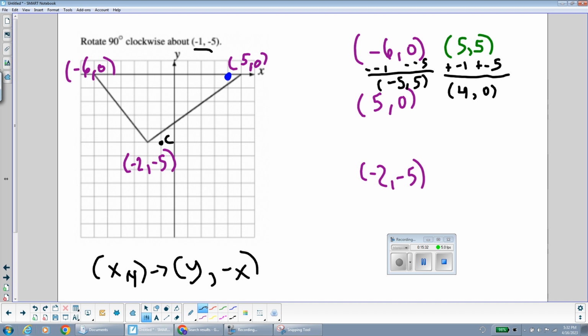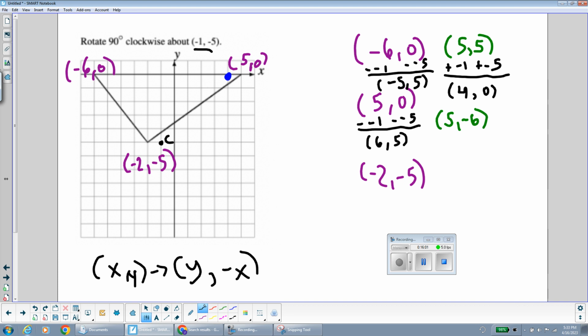Okay, for the next one, let's center it back at the origin. So I'm going to just subtract the center of rotation from the point here. 5 minus -1 is 6. 0 minus -5 is 5. I'm going to do the rotation. So I'm going to switch the order of the points, and I'm going to make the original x coordinate a different sign.